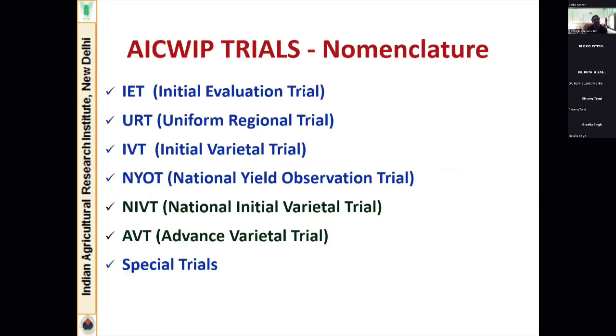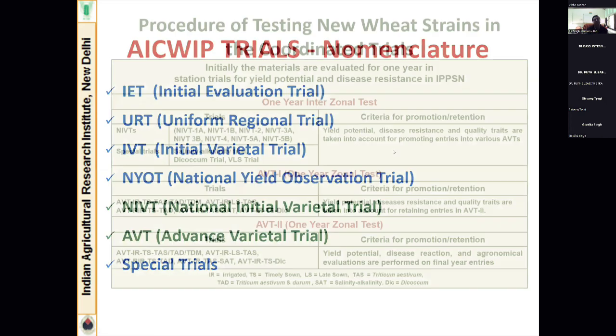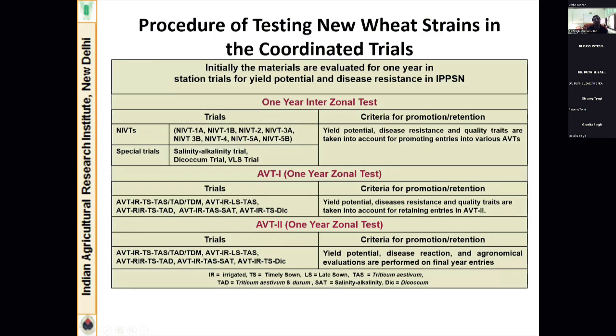In AICRP trials, there may be different nomenclatures being used: IET, initial evaluation trial, uniform regional trial, initial varietal trial, national yield observation trial. But in wheat, we use national initial varietal trial, NIVT, and AVT, advanced varietal trial. And there may be some special trials for specific purposes. So this is the process for the wheat testing program in the coordinated system.